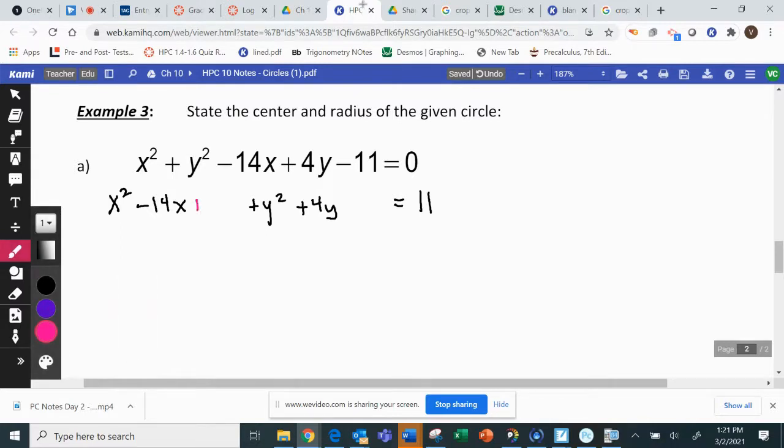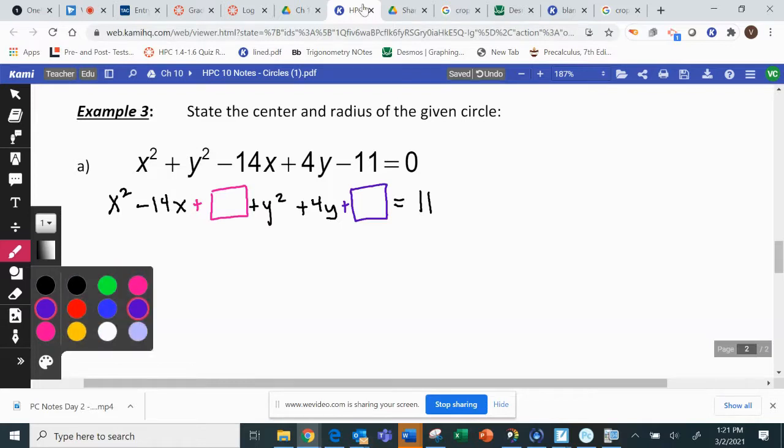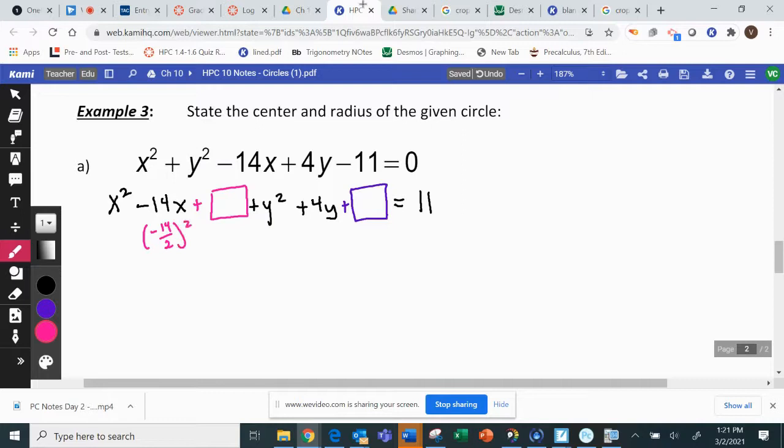And what I'm going to put in these spaces is a square. So we get to complete the square so that we can make these into perfect square trinomials and then factor them so they are in the standard graphing form for the circle. Negative 14 divided by 2 squared tells me 49 goes here, but it also has to go on the other side. 4 divided by 2 squared tells me 4 goes here, but we have to add it on the other side as well.